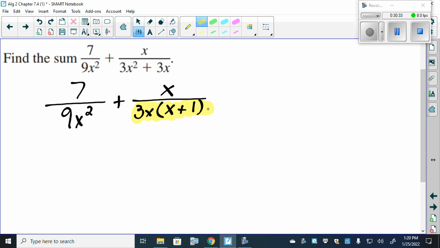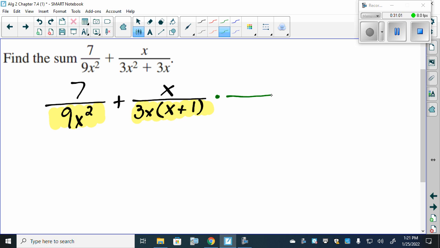Well, what do I need to do to this to get it to be the same as 9x squared? Because we do have a 3x and we want it to be 9x squared. What can I do to 3 to make it become 9?